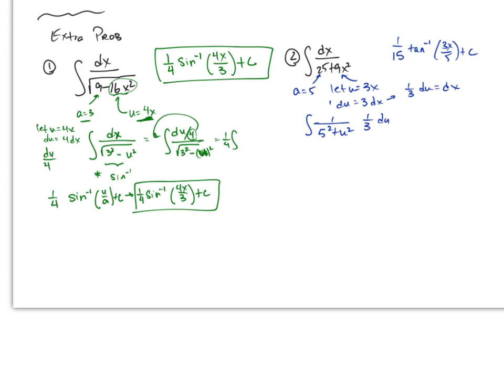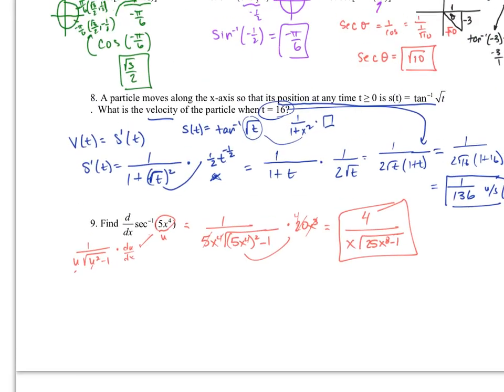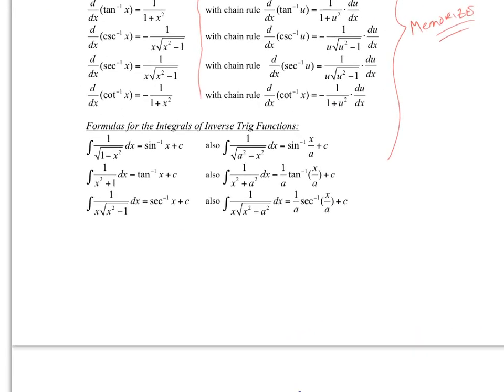We need to take a look and see what this is. Again, you're using your formula sheets, trying to figure out which one it is. When you have this situation, it's going to be the tangent. Let's go ahead and identify it. Here it is. You have something squared plus the a squared.